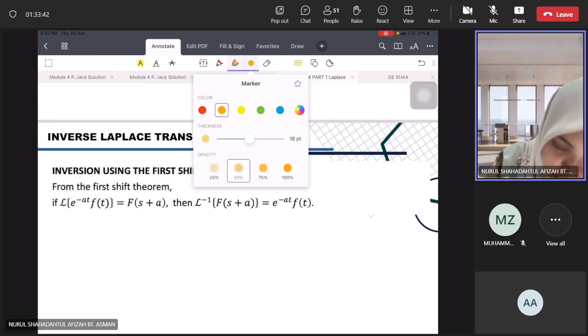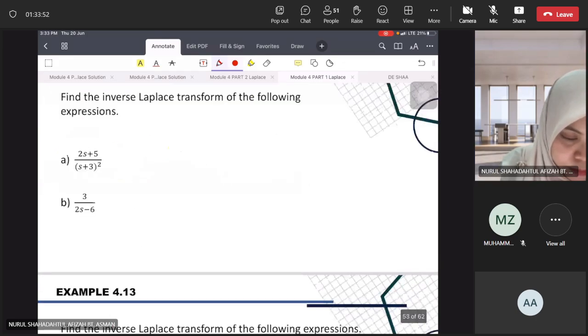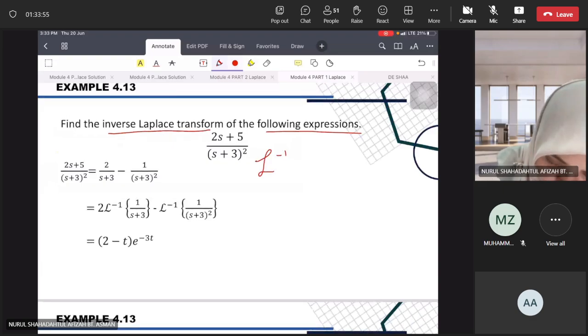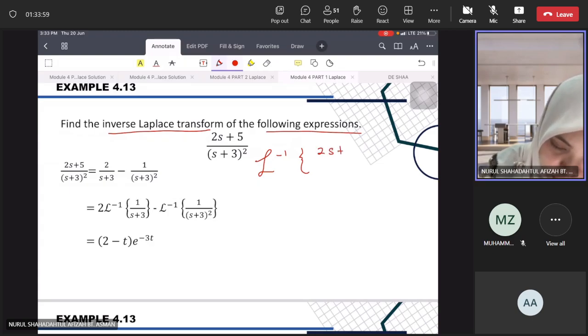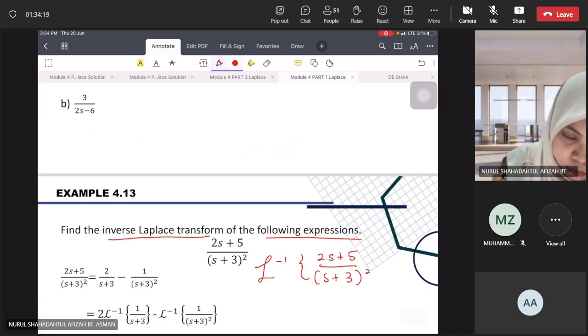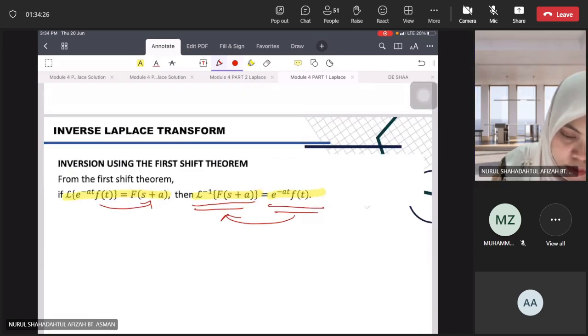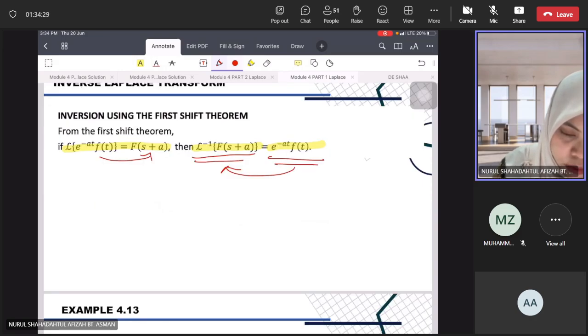So you need to find the inverse transform of (2s plus 5) over (s plus 3) squared. So for the inverse, negative AT.